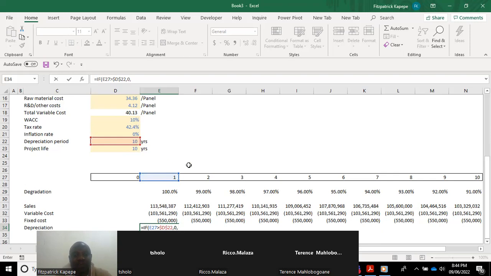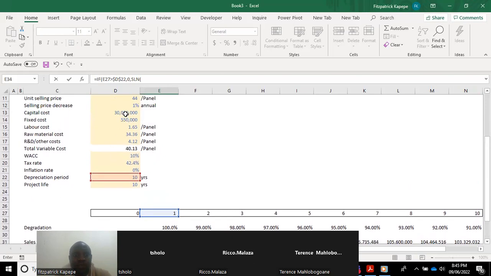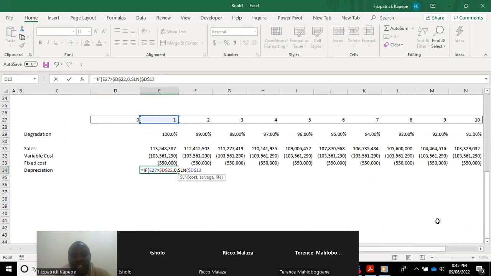Otherwise, give me the depreciation. SLN is the straight line depreciation formula, but you don't need to use this. You may make a mistake. You may overimpress your lecturer or marker, and then you will get annoyed.